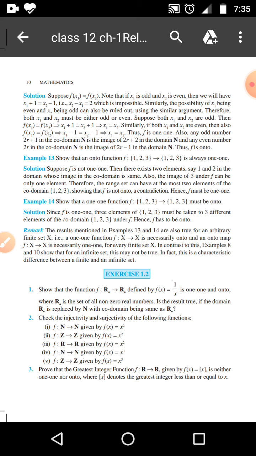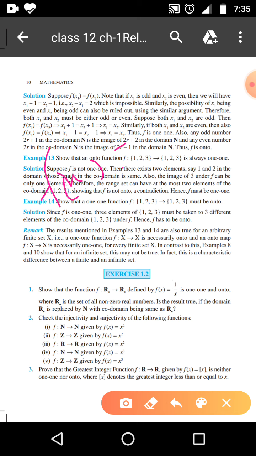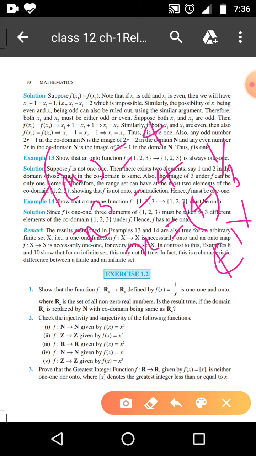But for onto, if we consider any element such that f(x) is equal to 4, then x cube is equal to 4, so x is equal to 4 to the power 1 by 3, and this particular number does not belong to the natural numbers, and hence this is not onto. Okay, similarly next you can do.